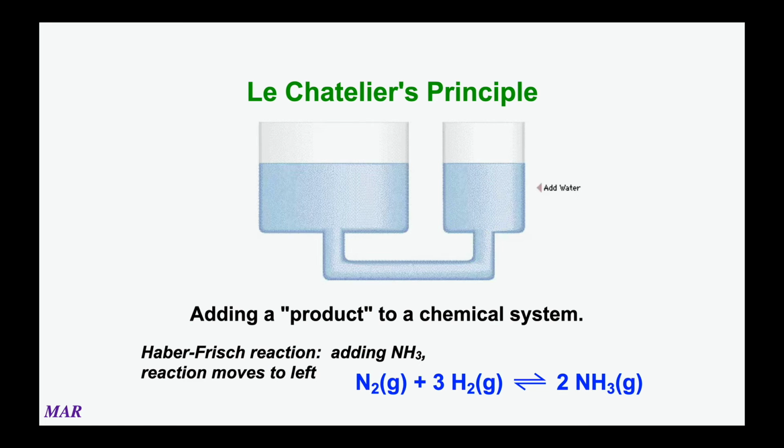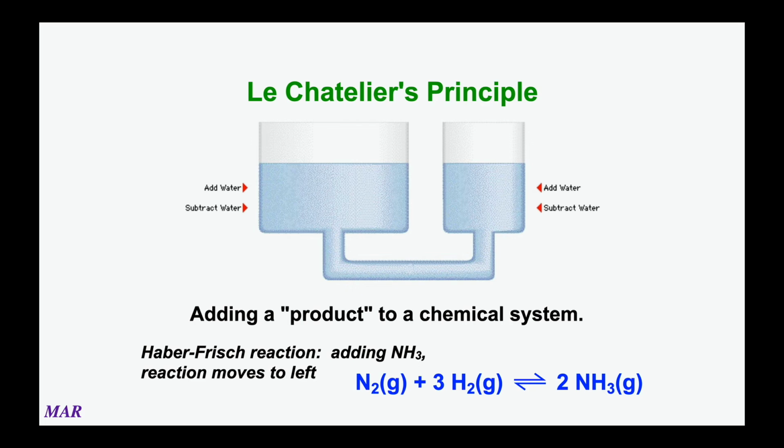Adding water to the right tank causes the water of the left tank to rise as water moves from the right tank to the left. Equilibrium in the system shifts to the left, as it would if we added product to a reversible reaction. Remember how I said adding shifts to the opposite side? Works on the product side as well. So in this example, we're adding product water.